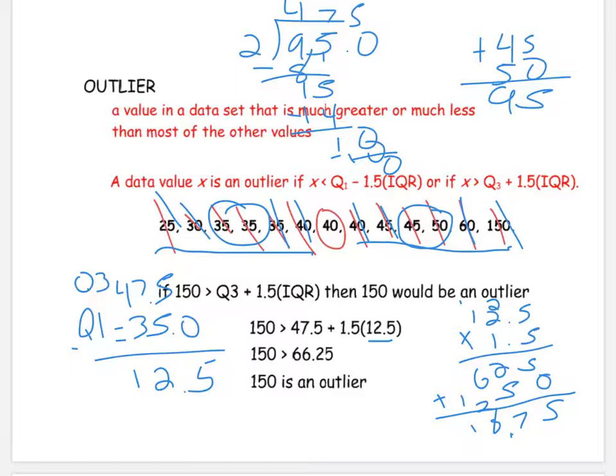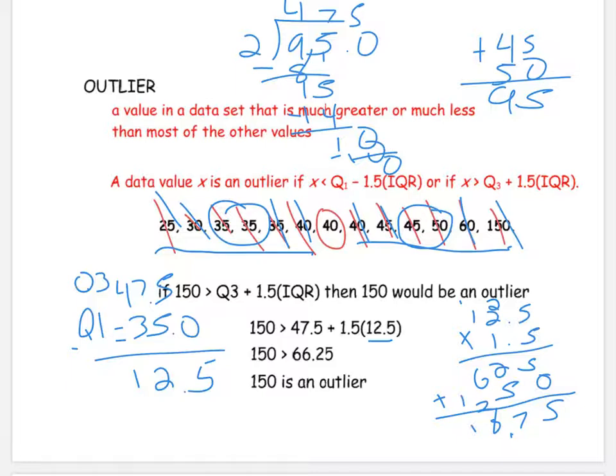If I add 47.5 plus 18 and 75 hundredths, I get 66 and 25 hundredths. So that means anything that's mathematically larger than 66 and 25 hundredths is considered an outlier. Because 150 is greater than 66 and 25 hundredths, it is most definitely considered an outlier.